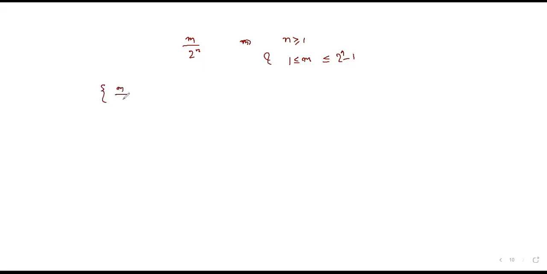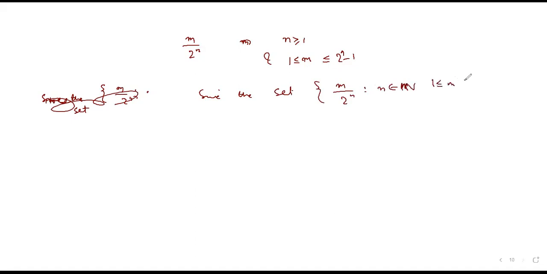Let me write: since the set of m/2^n, where m is a natural number with 1 ≤ m ≤ 2^n − 1, is dense in [0,1].